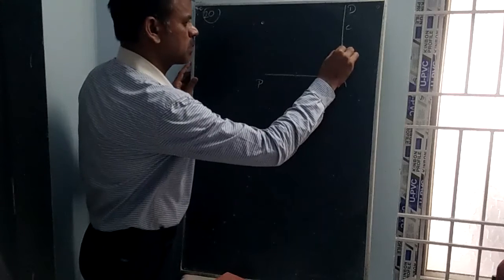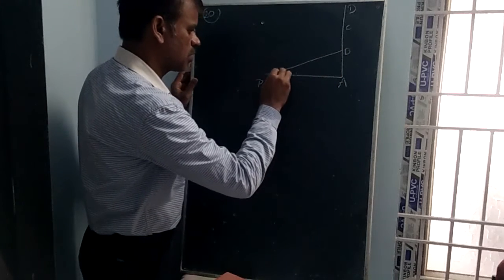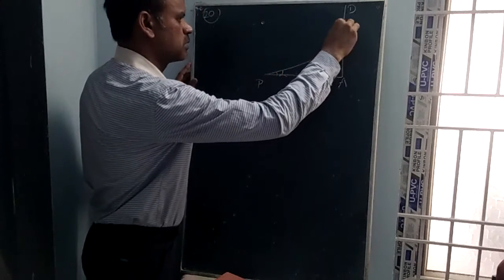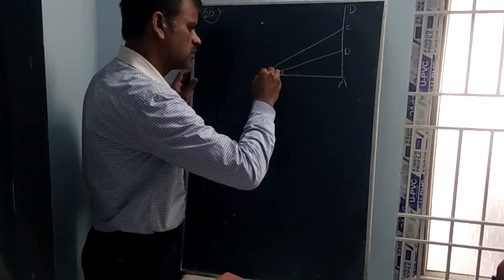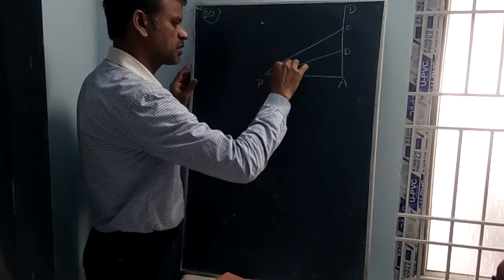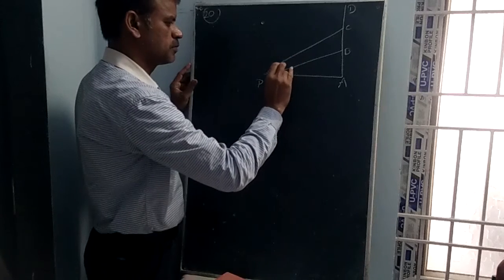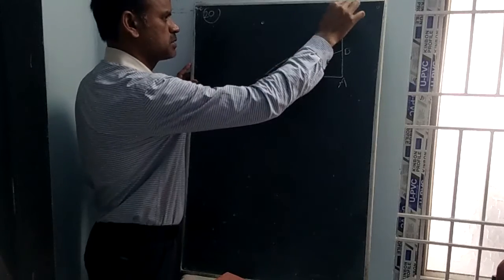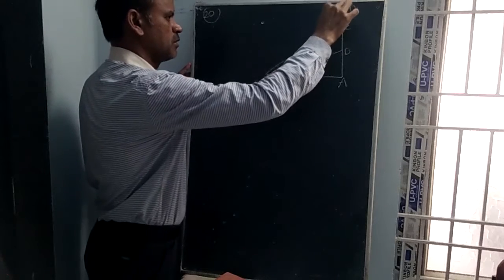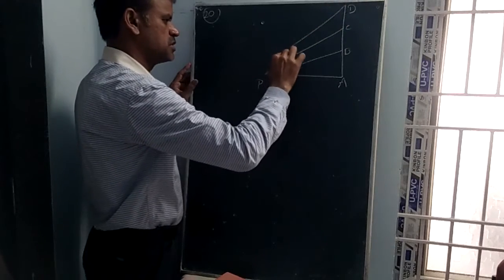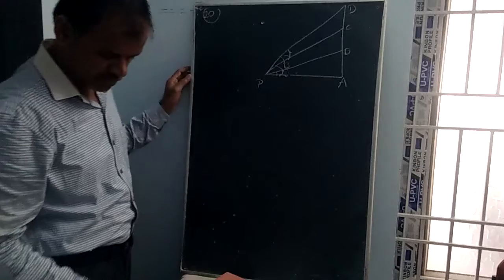AB is subtending angle alpha here. In a similar way, BC is subtending angle beta at P, like this. Next CD, this is gamma. Alpha, beta, gamma.